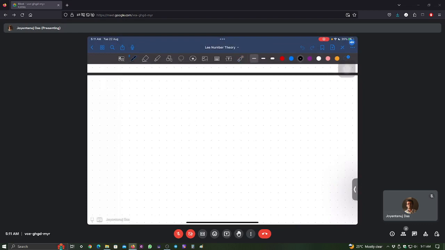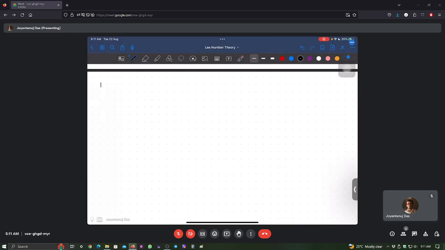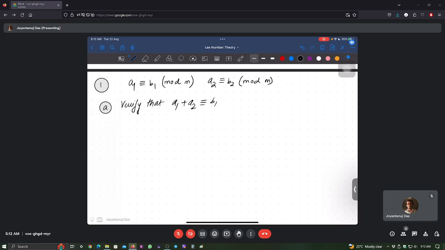Okay, so the first one says: suppose A1 is congruent to B1 modulo M and A2 is congruent to B2 modulo M. Then the first part is to verify that A1 plus A2 is congruent to B1 plus B2 modulo M.